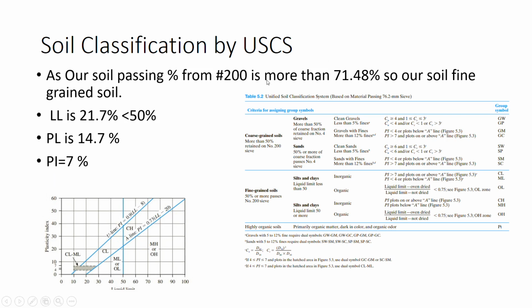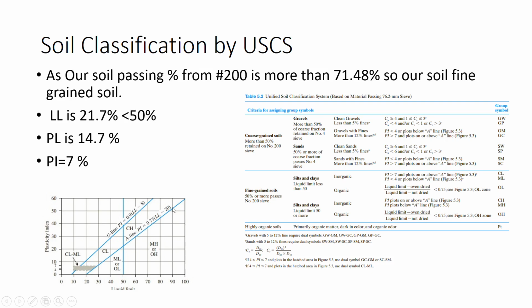As the percentage passing the 200 sieve is more than 50%, this is the portion, and the liquid limit is less than 50. Here we are going to see our type of material in this section. PI is around 7%, so our soil is around CL, which is low plastic.